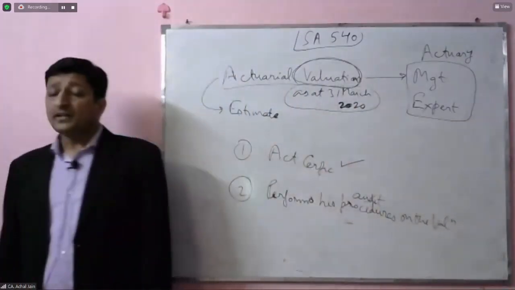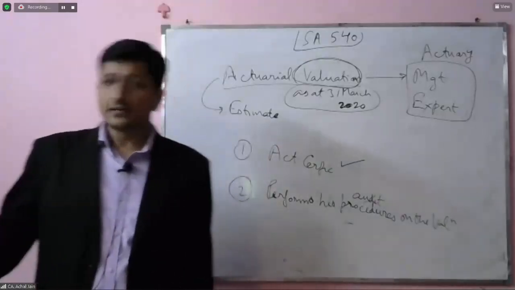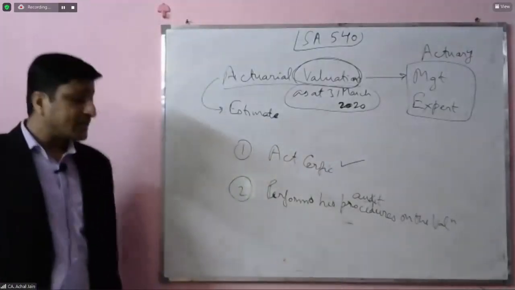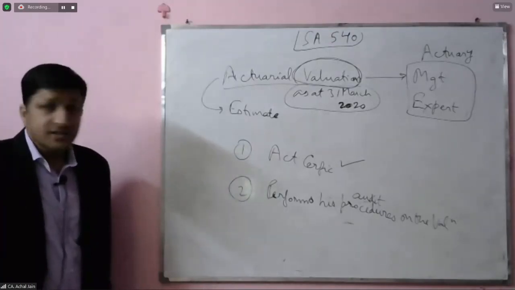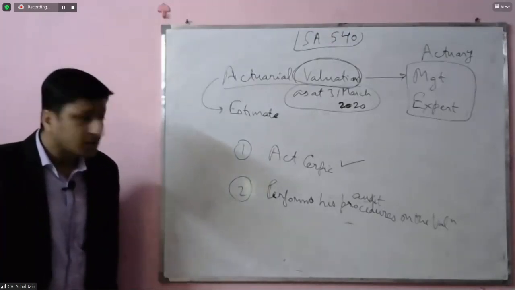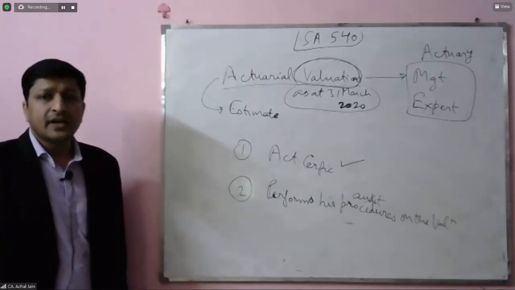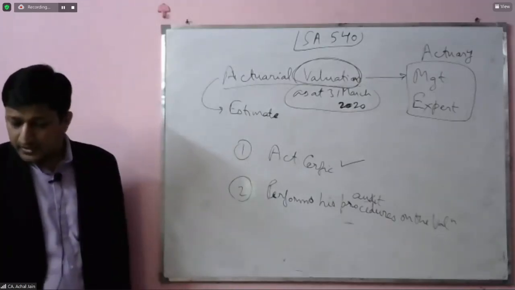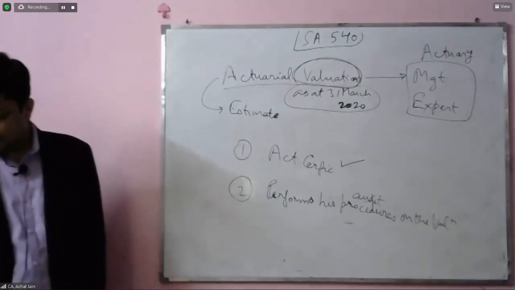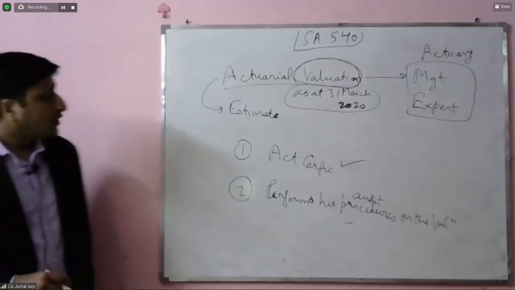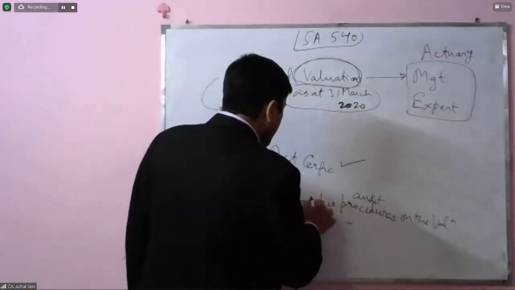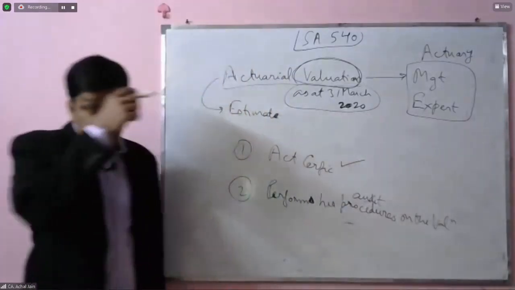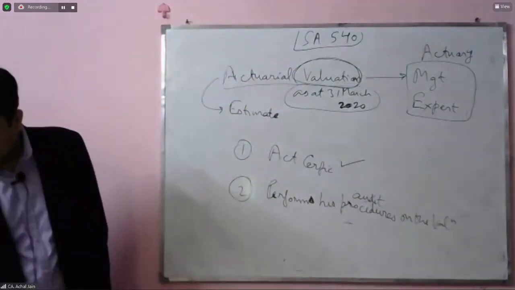How will that be done? That's a separate matter. We'll get into that. But for the time being, we are saying the second option is the one wherein auditor is just not simply relying on the actuarial certificate, actuarial valuation as it is. Auditor is looking at performing his audit procedures on the valuation.